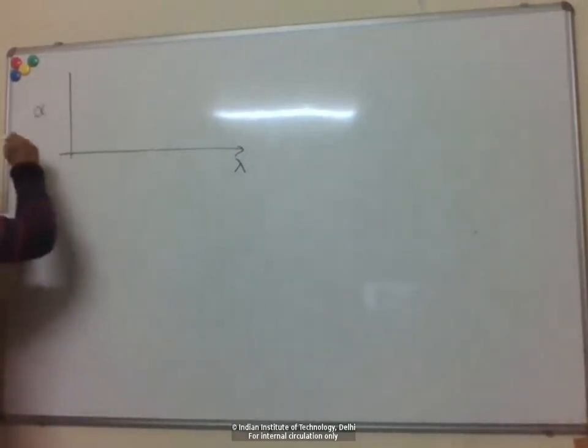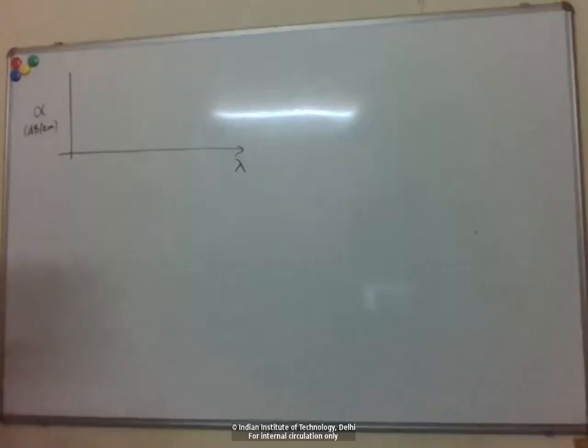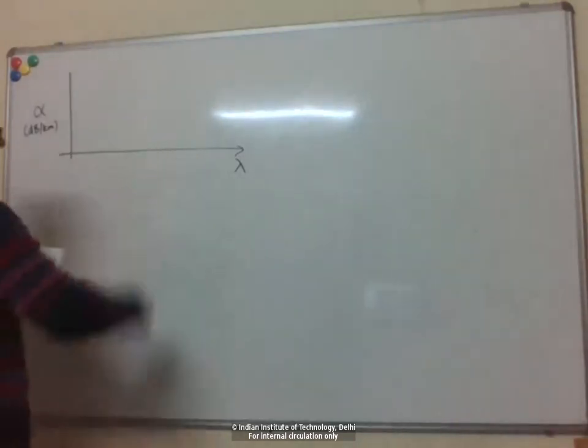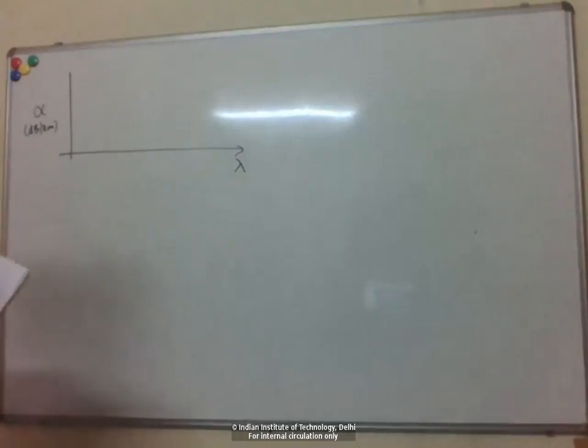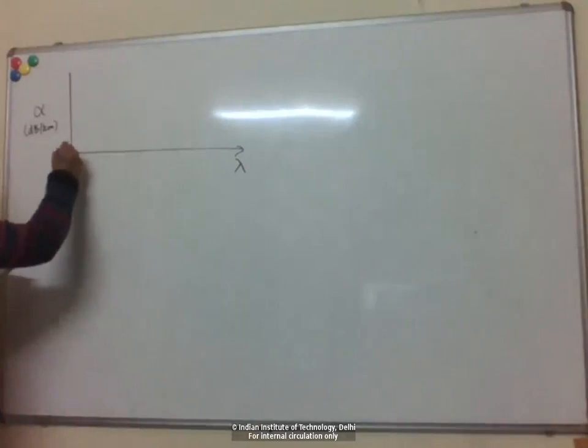Here we are plotting the loss coefficient of the typical optical fiber technology for that generation, in dB per kilometer. On the x-axis we have wavelengths. The wavelength of operation has also evolved over time, depending on various factors that we'll see.